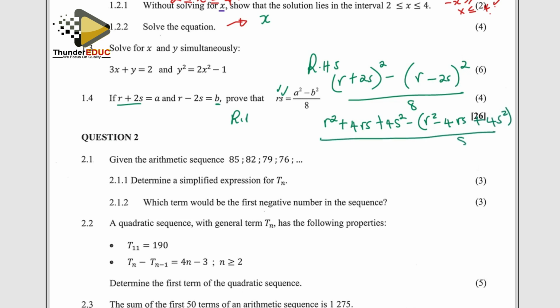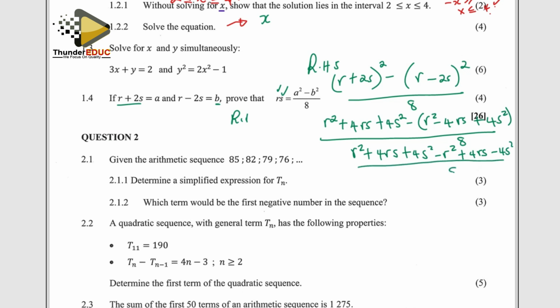This is over 8. I'll open this bracket with a negative sign, so it's r squared plus 4rs plus 4s squared minus r squared plus 4rs minus 4s squared.